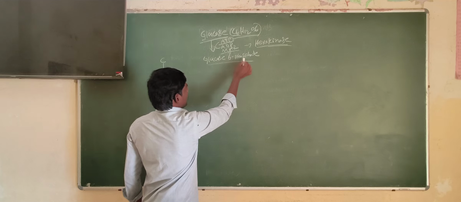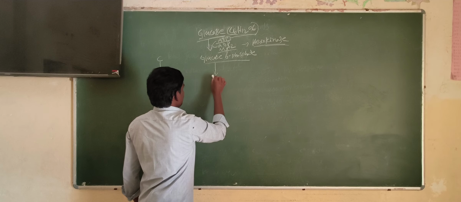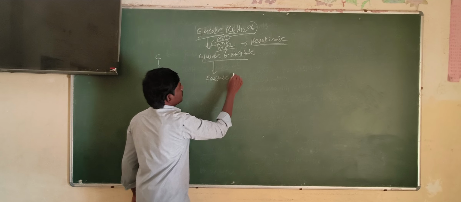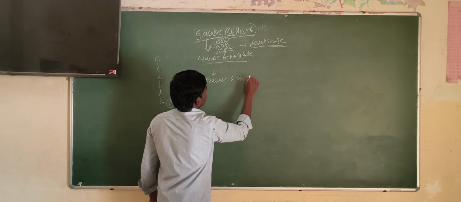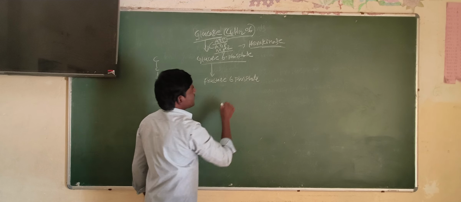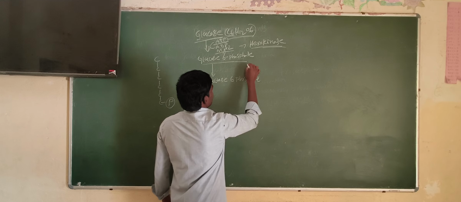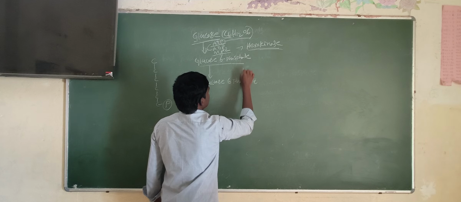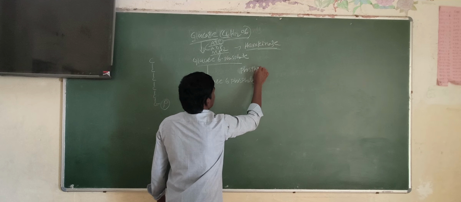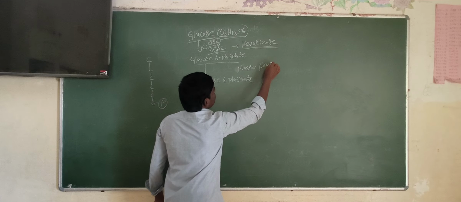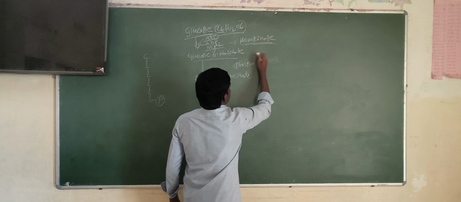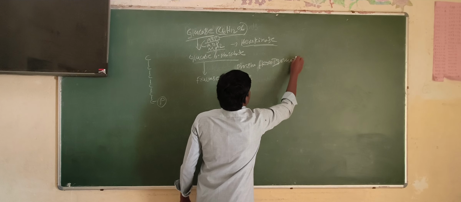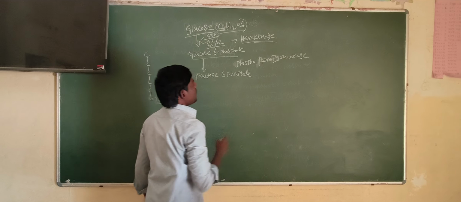Then glucose 6-phosphate is again converted into fructose 6-phosphate, in the presence of the enzyme phosphohexoisomerase.